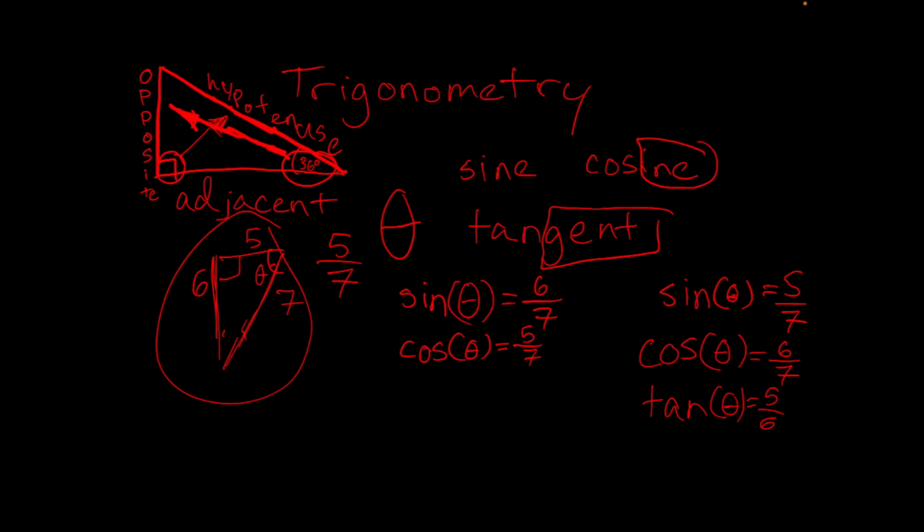Alright, and the tangent of theta equals 6/5. So I hope you noticed that because we swapped where the angle is, the sine and the cosine swapped, and for the tangent, its numerator and denominator swapped.